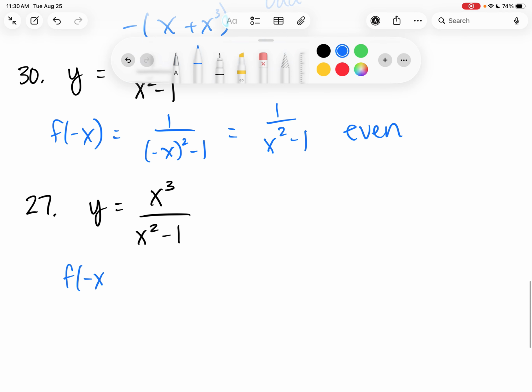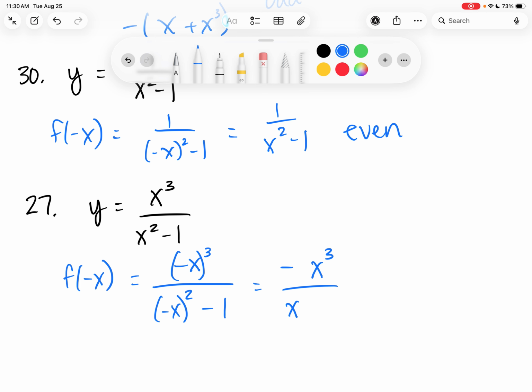So if I plug in negative x, then what's going to happen is I'm going to get negative x cubed over negative x squared minus 1. The top is going to be negative x cubed. The bottom is x squared minus 1. So the bottom is exactly the same.